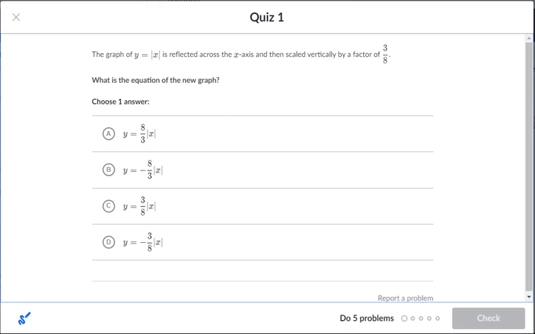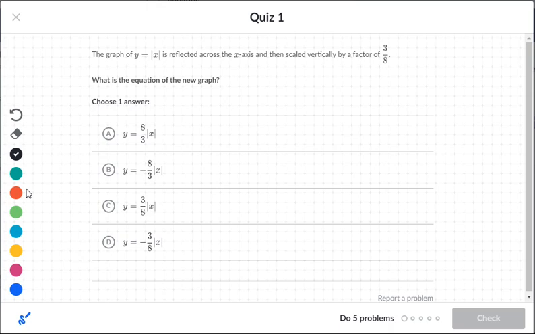Okay, so we have the graph of y is equal to the absolute value of x, and it's reflected across the x-axis, then scaled vertically by a factor of 3/8. So we have y is equal to 3/8 times the absolute value of x. But what's happening here is that our V, which is going up because the 3/8 is positive, is being reflected across the x-axis.